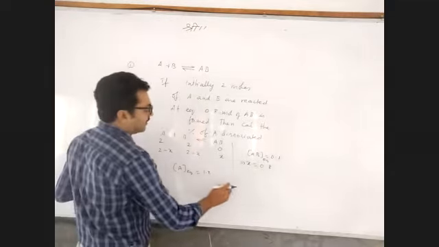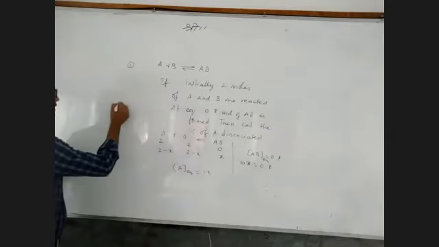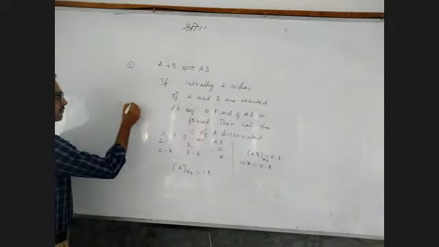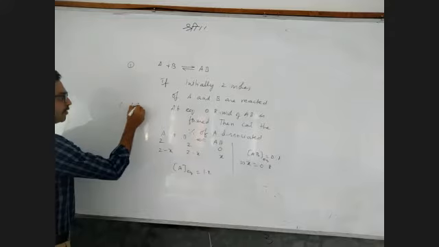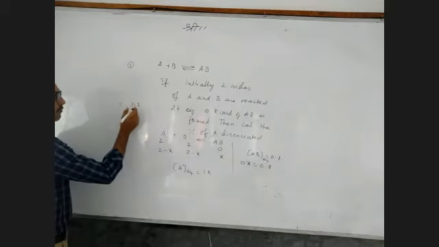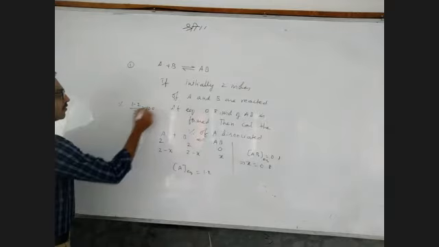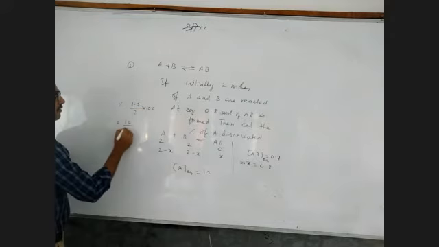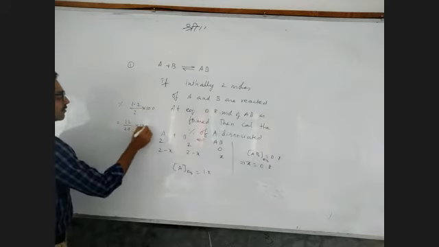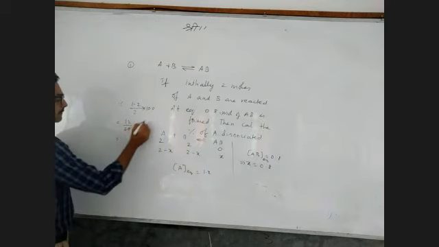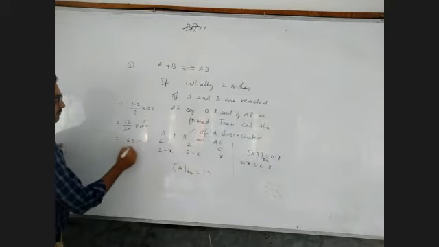Now what is the percentage of dissociation? Number of molecules dissociated by total number of moles taken. So 1.2 by 2 into 100. How much, children? 60.